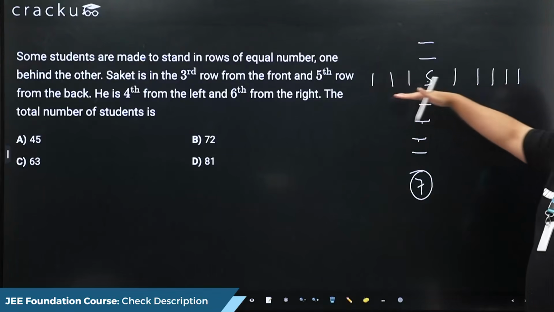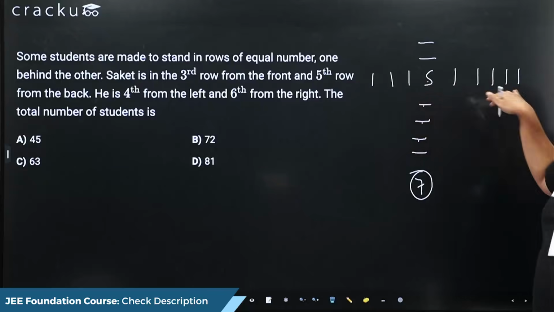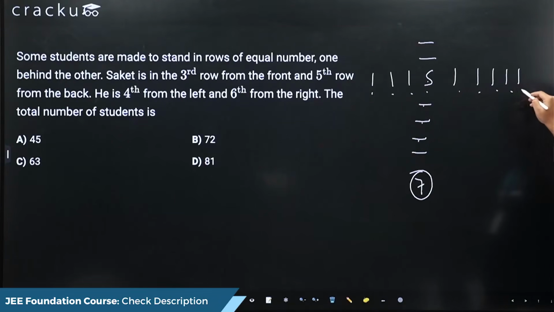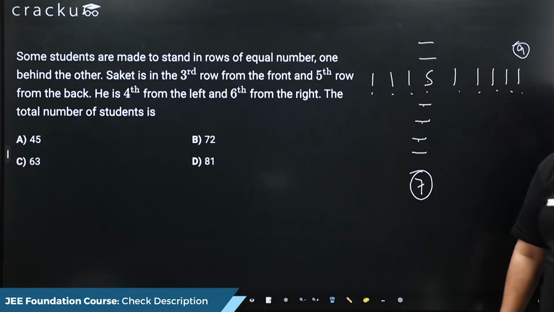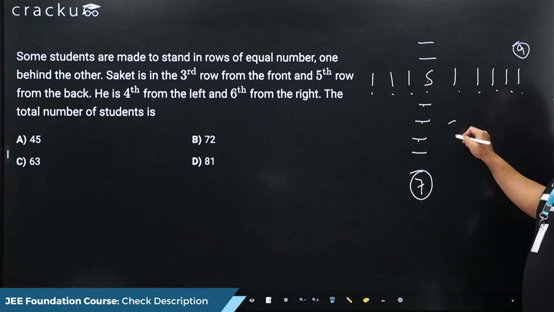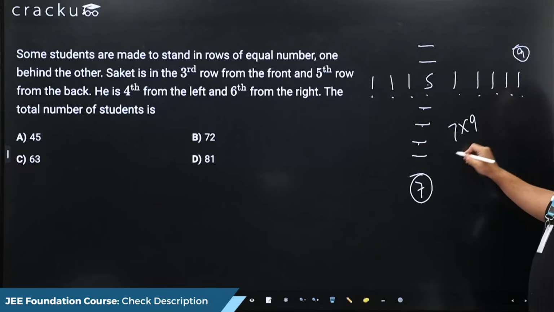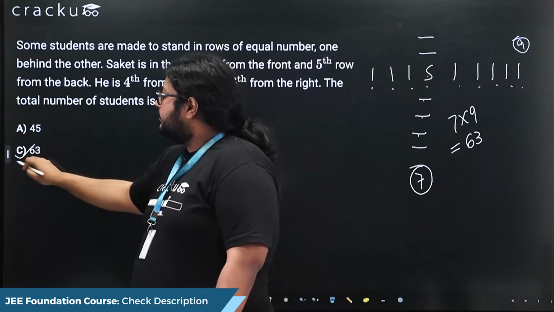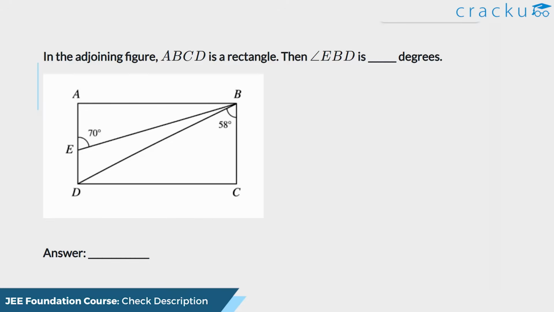So how many rows are there now? 1, 2, 3, 4, 5, 6, 7, 8, 9. So how many total people will be there? Total number of people will be 9 into 7, which is 63. So the correct answer here should be option C, which is 63.